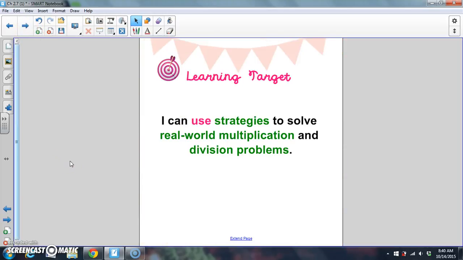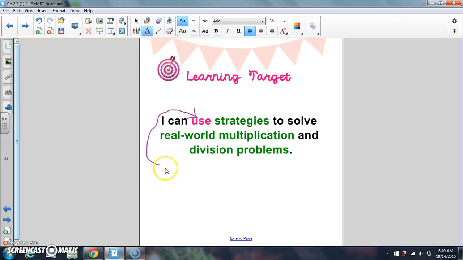Today's learning target is I can use strategies to solve real-world multiplication and division problems. If we're going to use strategies, we're going to do something with them.